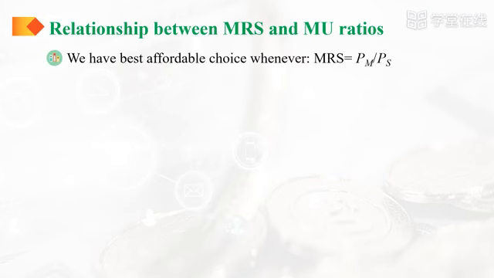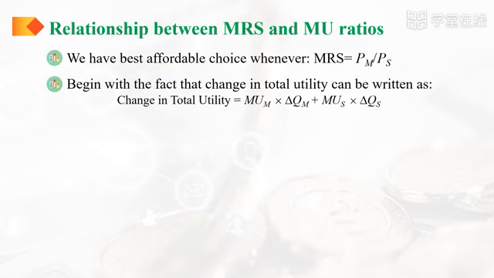Now how about we go a little further? Until now, we have MRS equals PM over PS for the best affordable choice. That's marginal rate of substitution equals price of movie over price of soda.